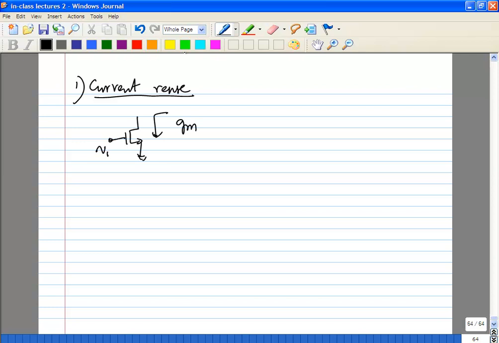This is gm times Vn. You can try to use something like this, more like an inverter kind of structure. So effectively you are reusing the current to get double the gain.